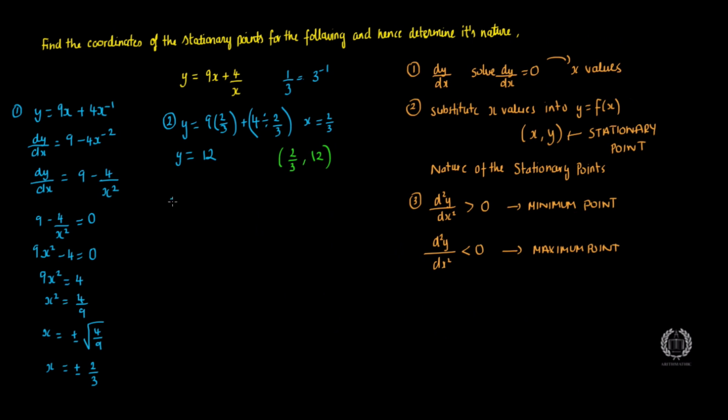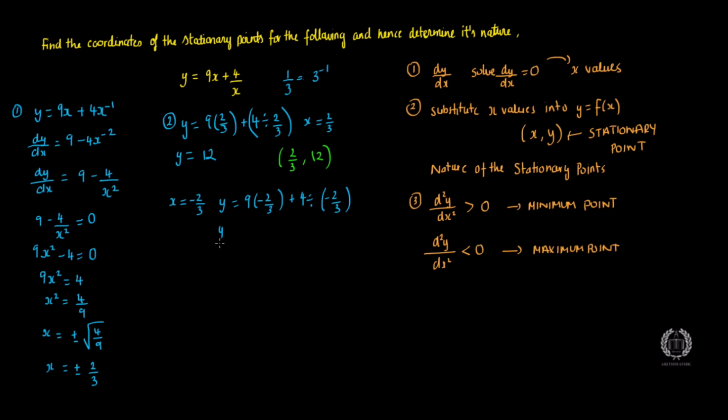So that's when x equals minus 2 over 3. So if we put minus 2 over 3 in here to find our other stationary point, so 9 times minus 2 over 3, and then plus 4, and then divided by, not times, divided by minus 2 over 3, right?